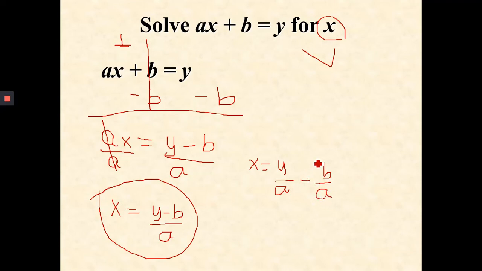And if we're going to follow the letters in the alphabet, we may have x equals negative b over a, then plus y over a. Do not be confused. I am presenting you 3 answers, but they are the same. Okay? Any question?